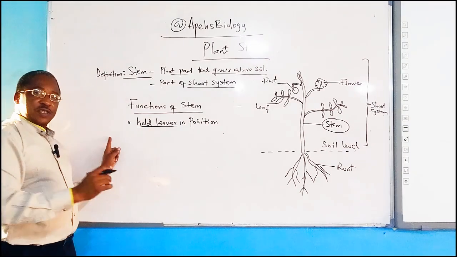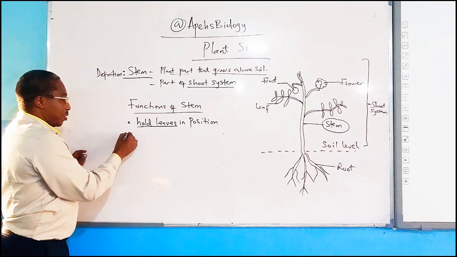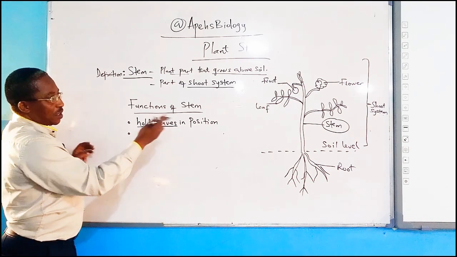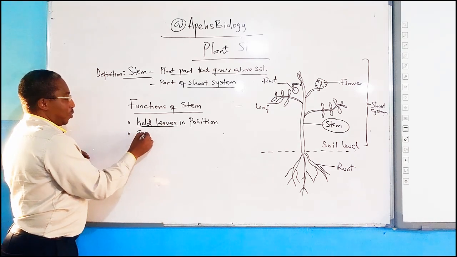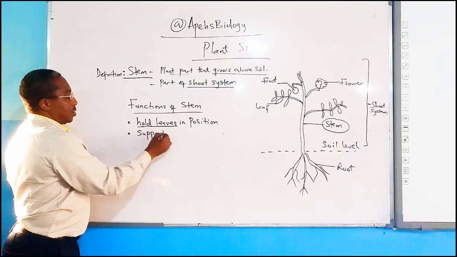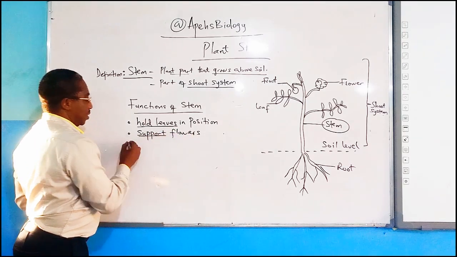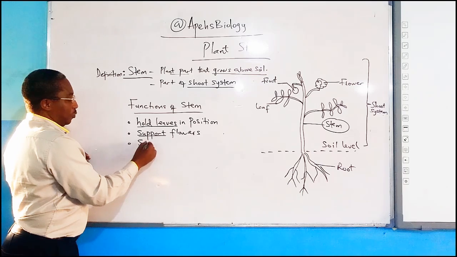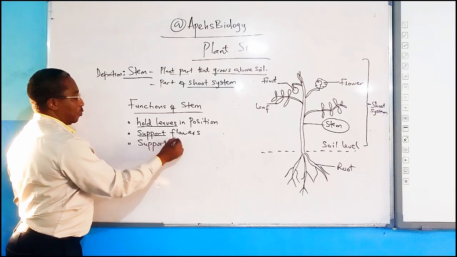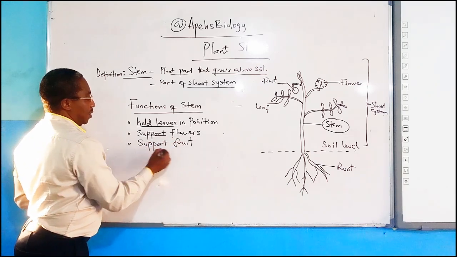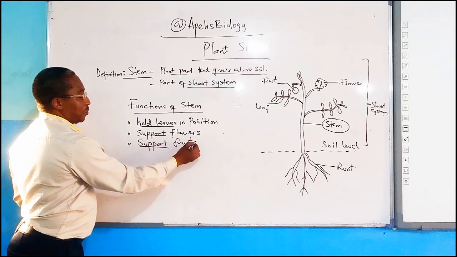So the first function is that it holds the leaves in position. The second function of the stem is that it supports the flowers. It can also support the fruits. These are things you find on the stem, so it supports the fruits.